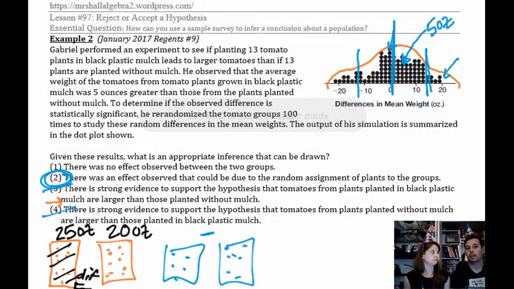So basically what we're saying is, although this one specific time when we grouped these tomatoes and we gave them the black mulch, we could have randomly picked a different group of 13 tomatoes that didn't have the mulch, and they might have been 5 ounces bigger. And that happens within 95% of the time, within that 95% confidence interval.